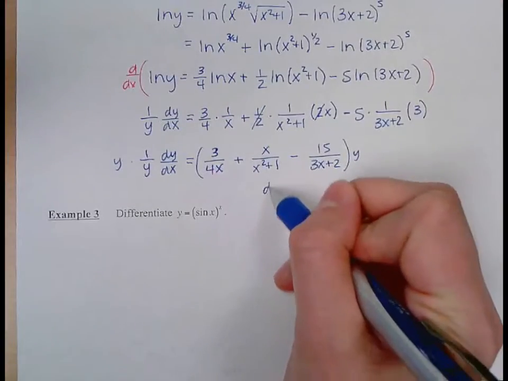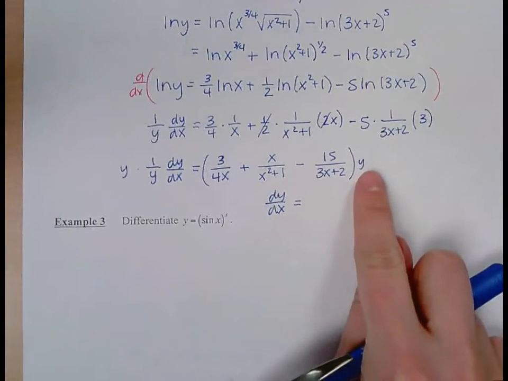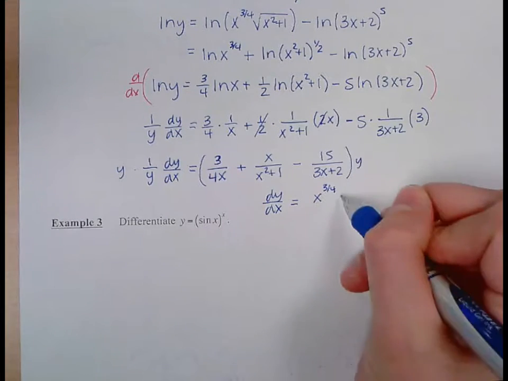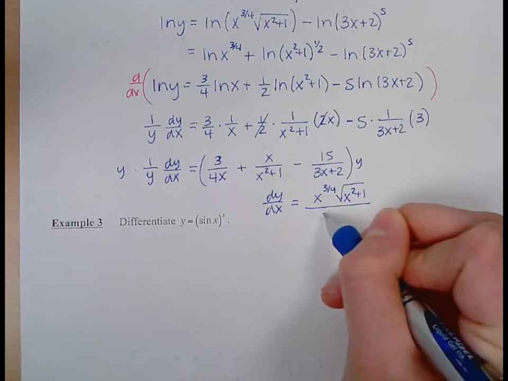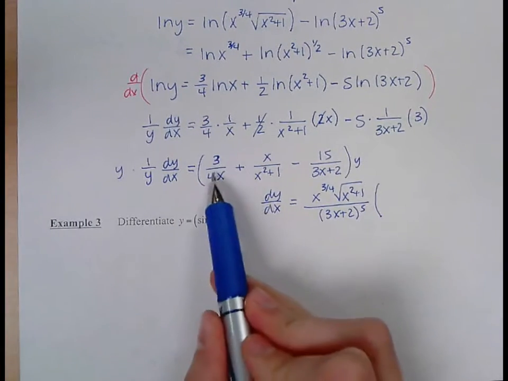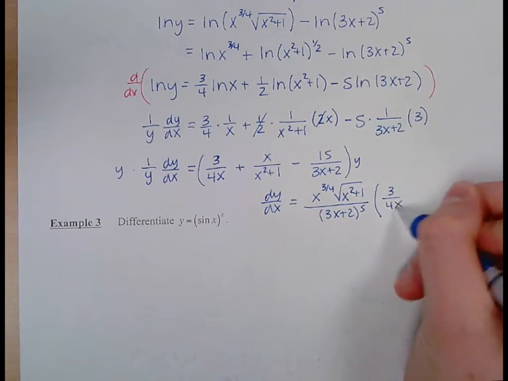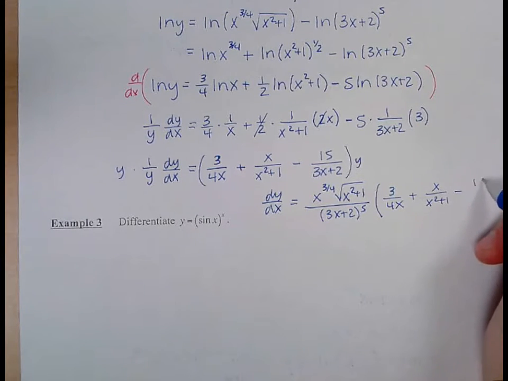So I have dy dx, the derivative, is equal to, I'm going to rewrite y, the original function, x to the 3/4 times the square root of x squared plus 1 over 3x plus 2 to the 5th, times this whole thing here: 3 over 4x plus x over x squared plus 1 minus 15 over 3x plus 2.